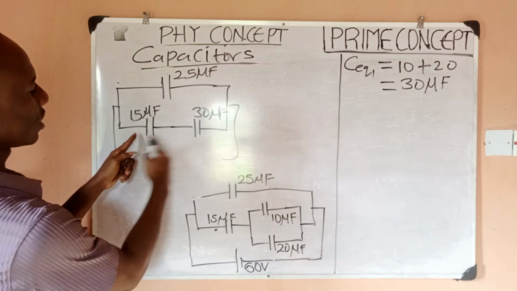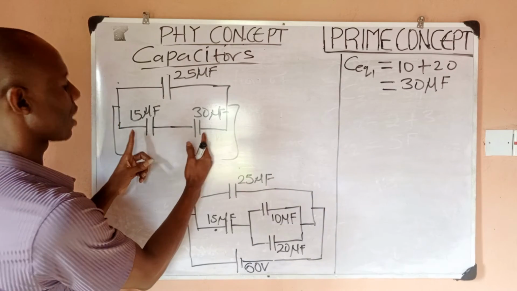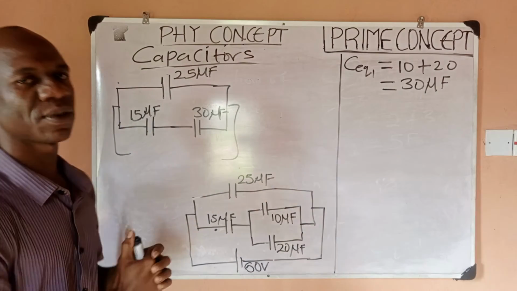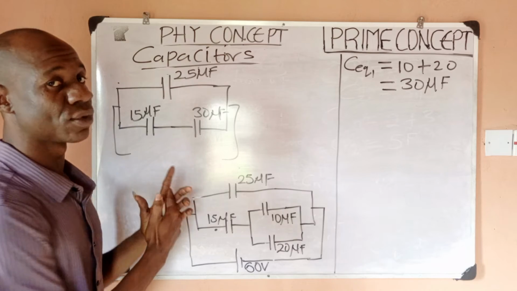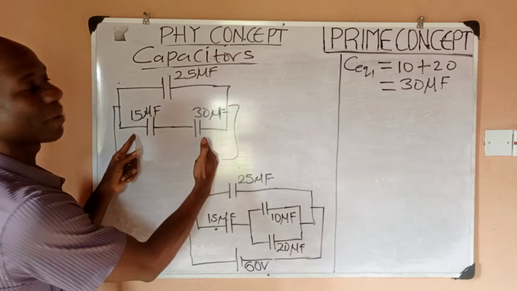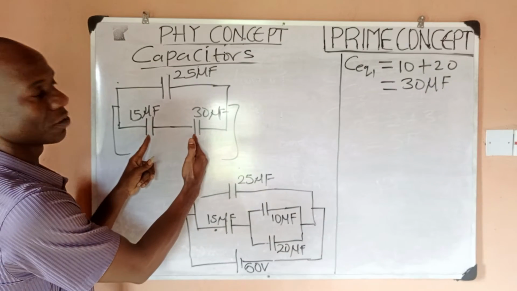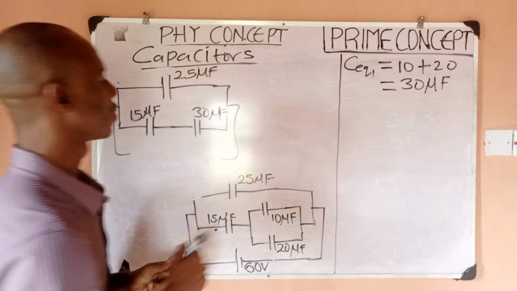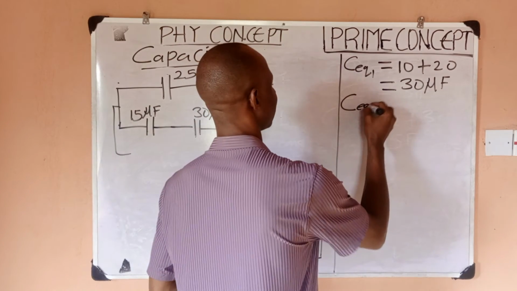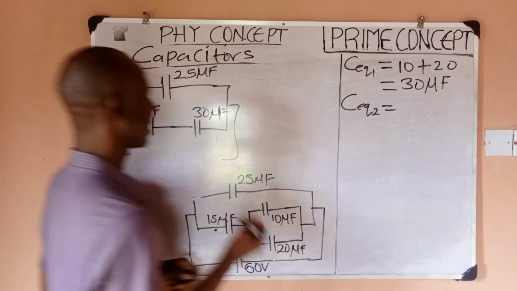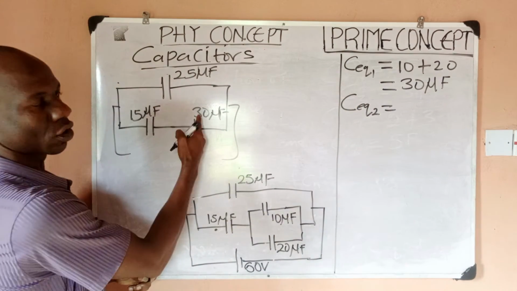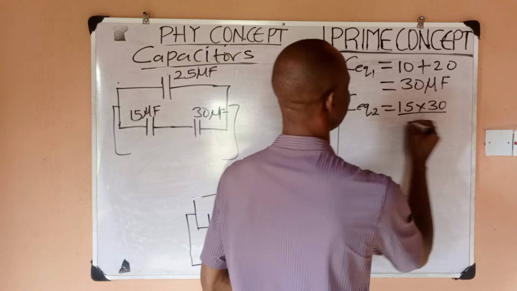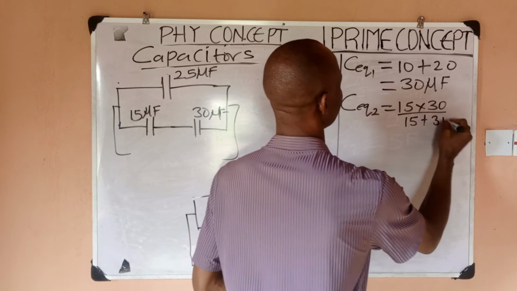Now, if you watch, these two are now in what form? You are correct. Both of them are arranged in series. So to get the equivalent, I'll use the short approach. I told you when you have only two capacitors in series and you want to find the equivalent, you use their product over their sum. So I will call it my C equivalent 2. My second equivalent is going to be the product, that is 15 times 30, divided by their sum, 15 plus 30.